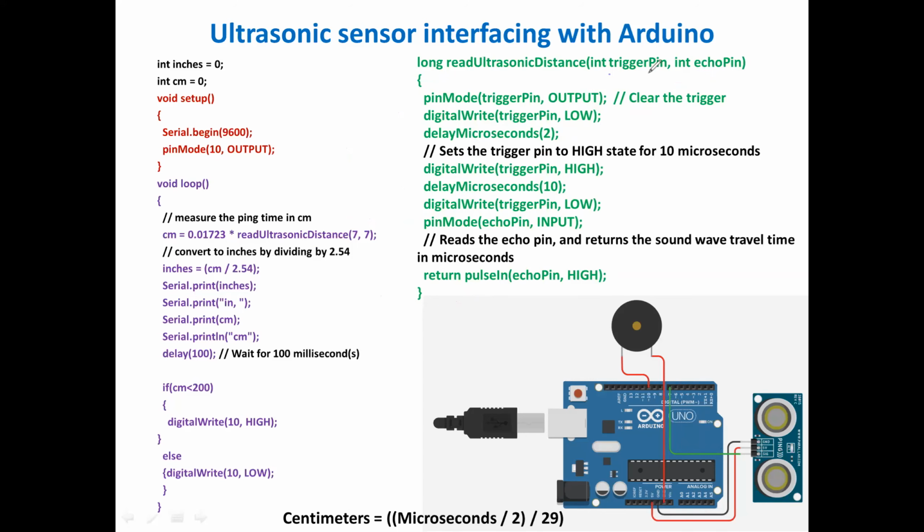As of now, I've assigned the trigger pin and echo pin as variables. I've configured that the 7th pin is going to be your trigger pin, a simple variable, and the echo pin is also going to be the 7th pin. What I told initially: on the trigger pin, I should make a 10 microsecond output.